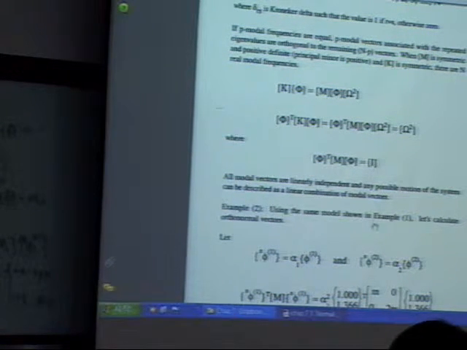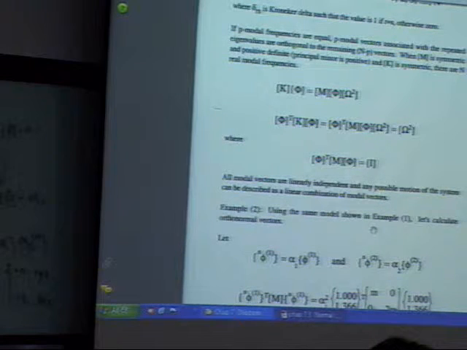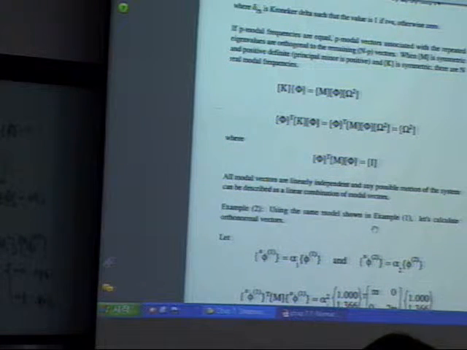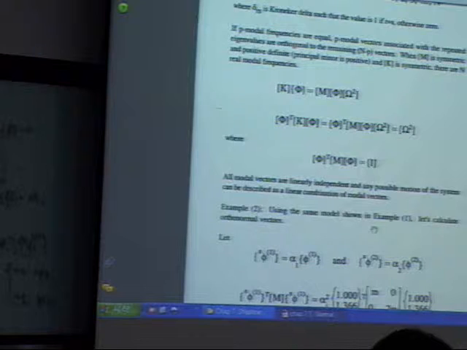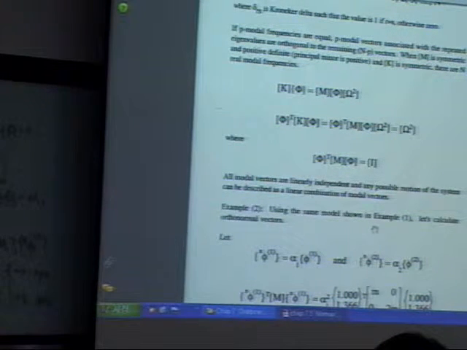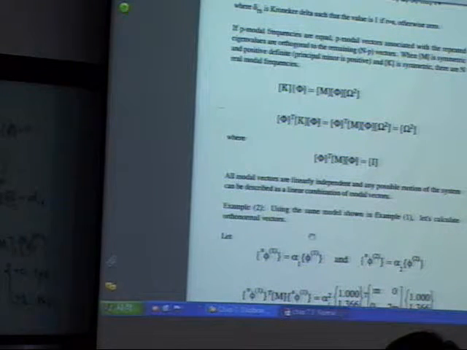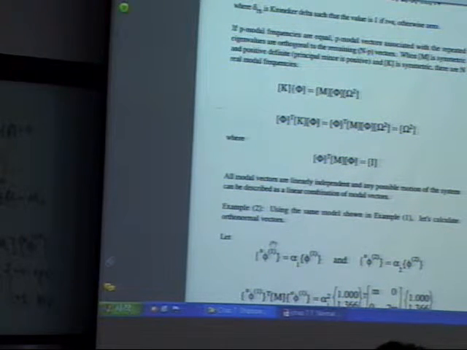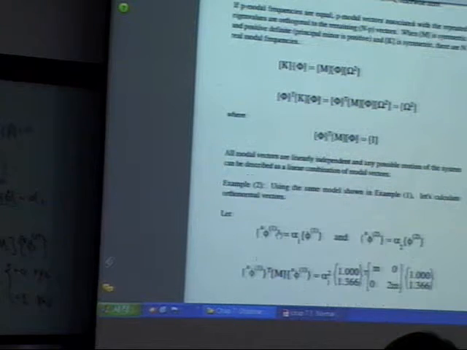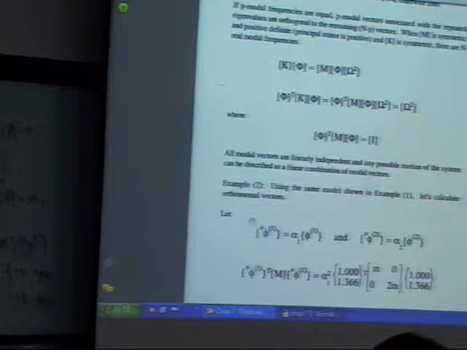In the identity matrix there is always 1 along the diagonal. Delta RS, R equal to S, is always equal to 1. And we'll apply this to get orthonormal eigenvectors using a 2 degrees of freedom system.